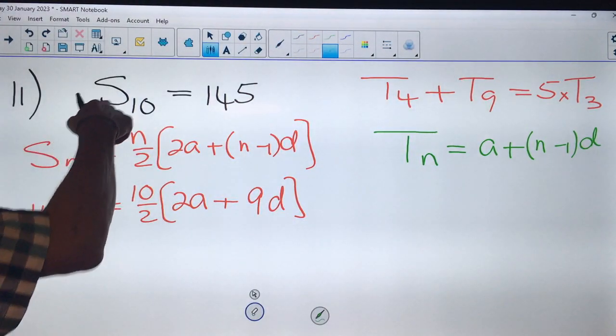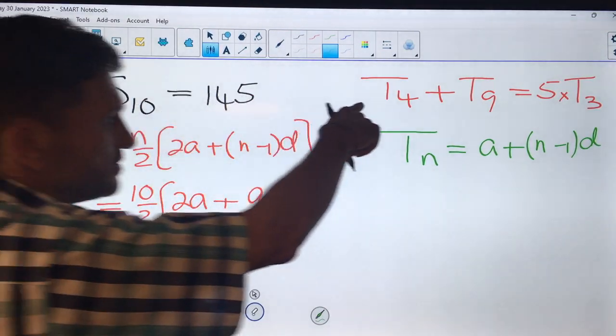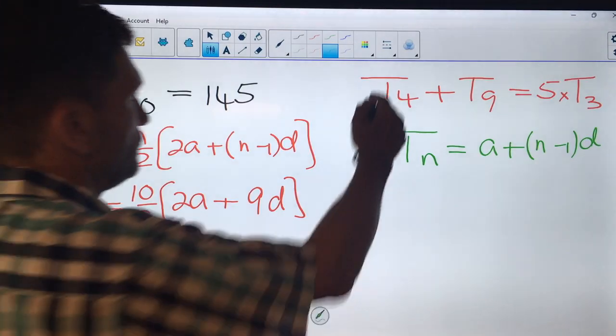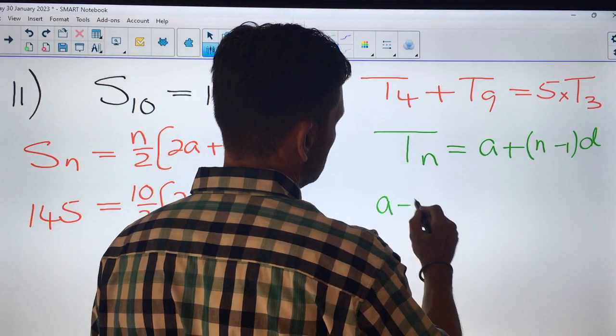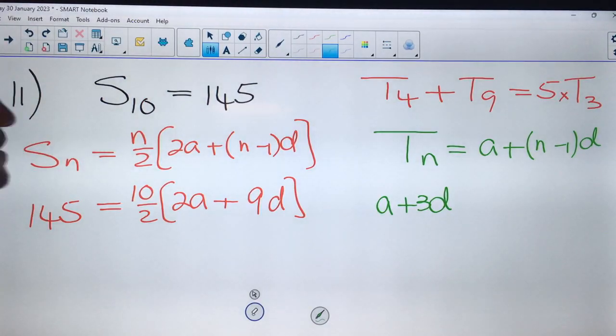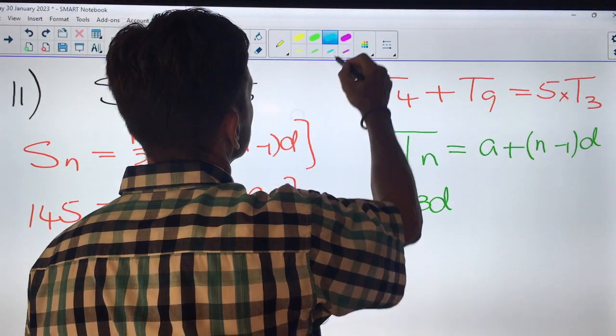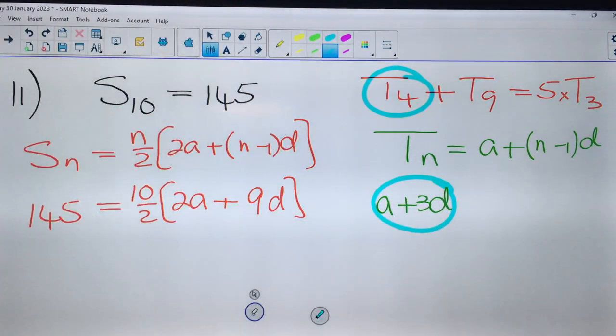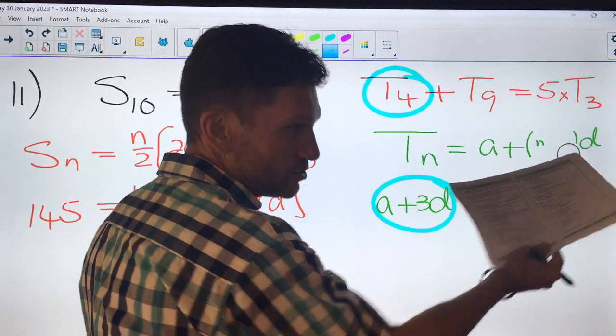Here we dealt with S for sum. Now we're dealing with T, so Tn. Okay, so the fourth term would be a plus 3d. This is this one. So how did I get 3? That is 4 minus 1.